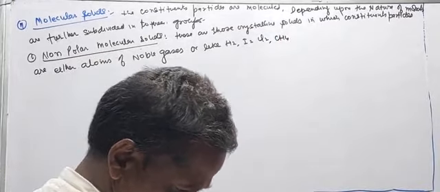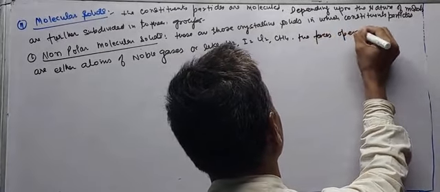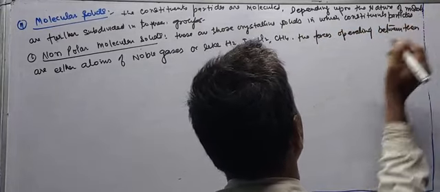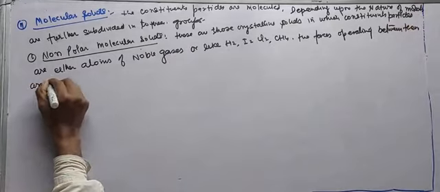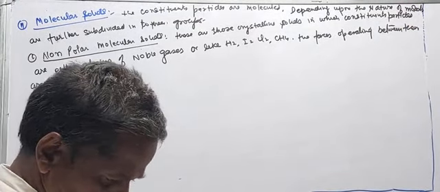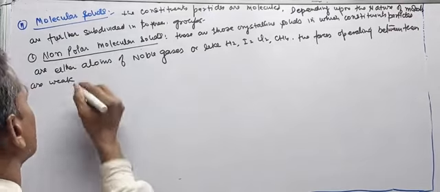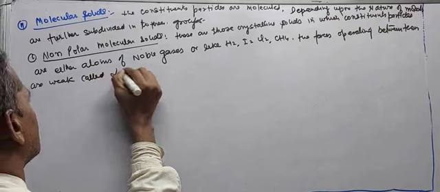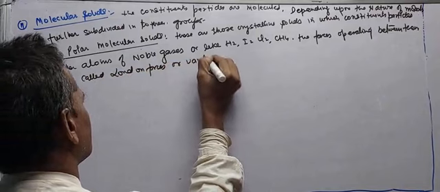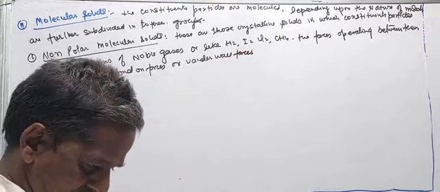The forces operating between them are weak, called London forces or van der Waals forces.